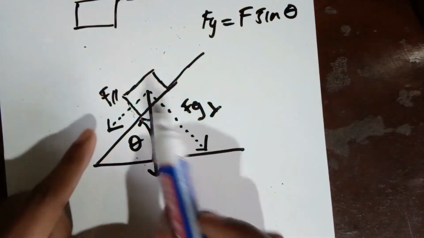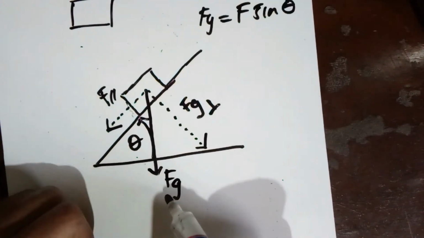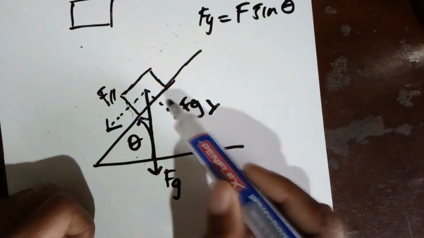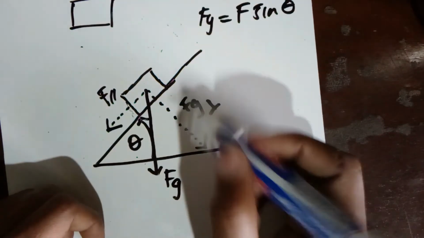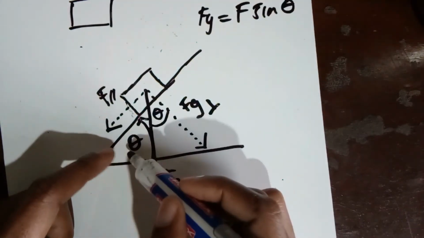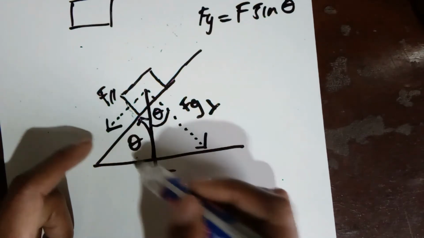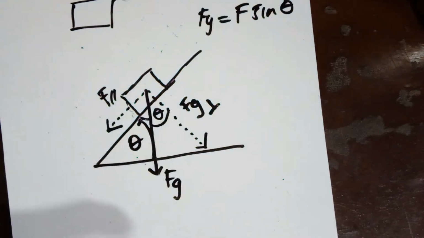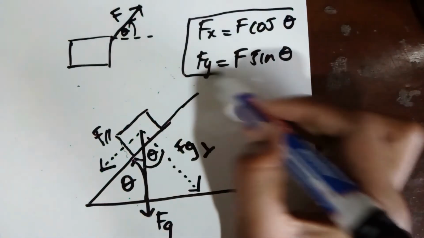So this is the parallel component of weight and the perpendicular component of weight. And this angle over here is the same as the angle that the slope makes with the horizontal. So now we know how we found these components.